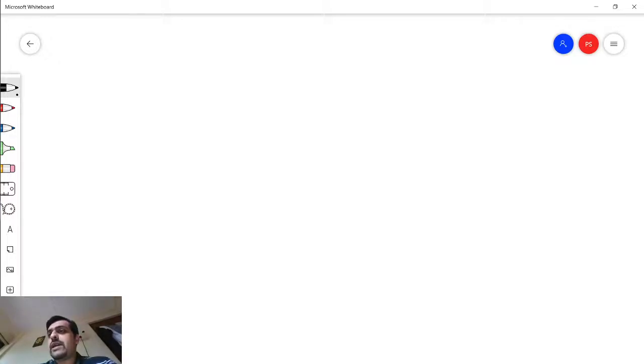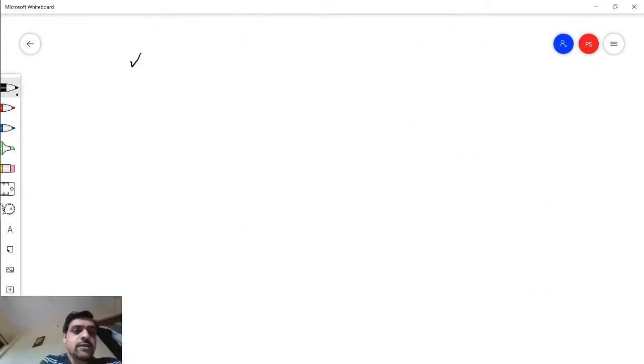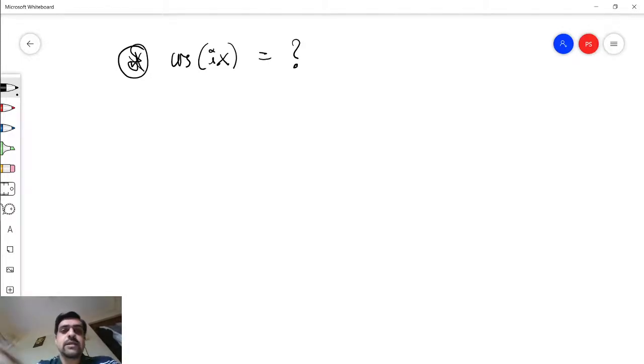Now we will try to simplify some expressions or to find out the values of some expressions. Let us begin with an example which says to find out the value of cos ix in terms of hyperbolic functions.